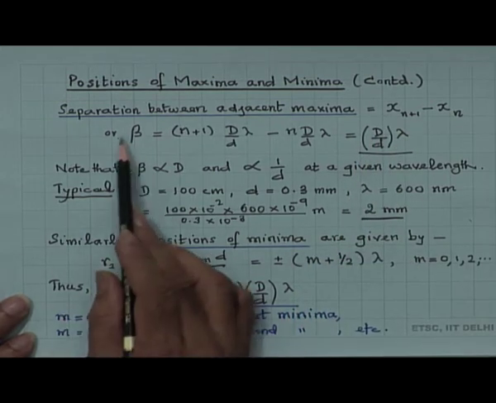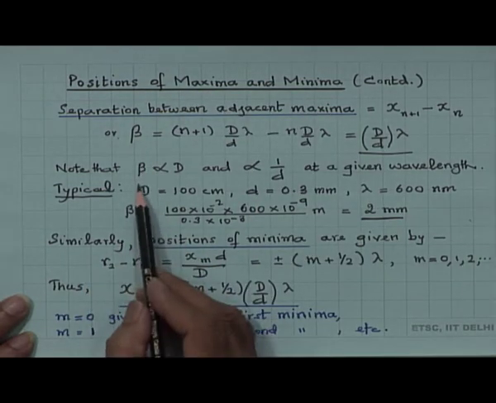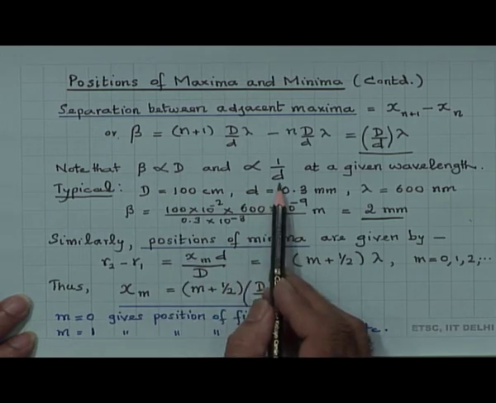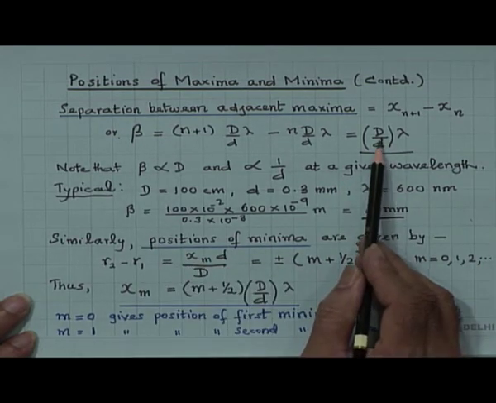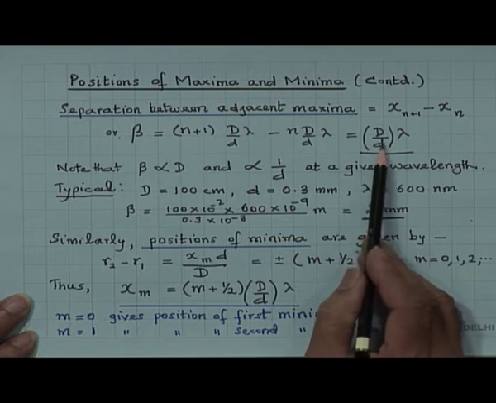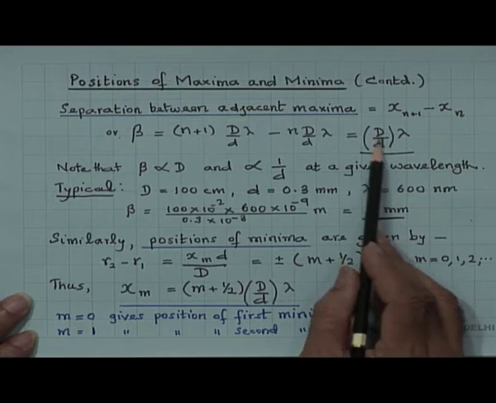We will discuss this beta subsequently, but note that beta is proportional to capital D and inversely proportional to small d, which means at any given wavelength, the separation between the maxima will be large if d is small, and the separation will again be large if D is large.